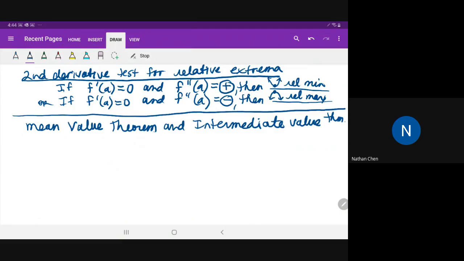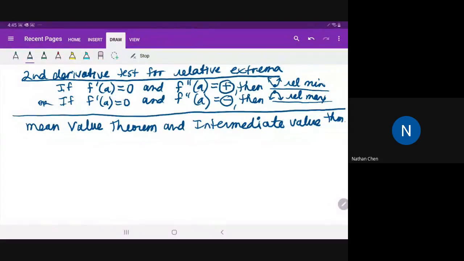And then mean value theorem has the sub-theorem that's called Rolle's theorem. Mostly I want you to compare the difference between mean value theorem and intermediate value theorem, because if it tells you to use Rolle's theorem, mean value theorem, or intermediate value theorem, I think you're set. Because it tells you what to do, you know what to do.